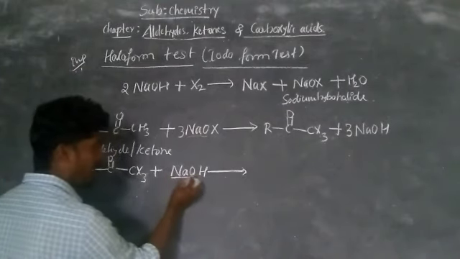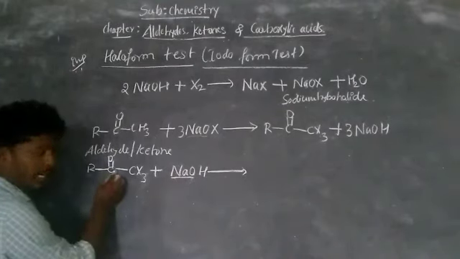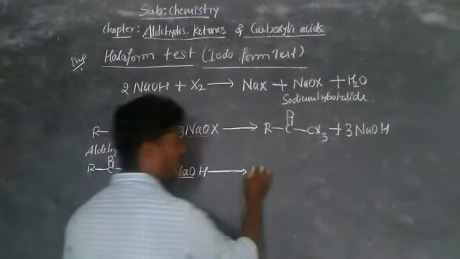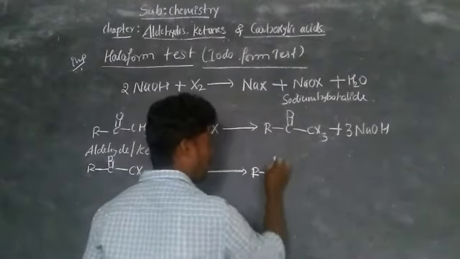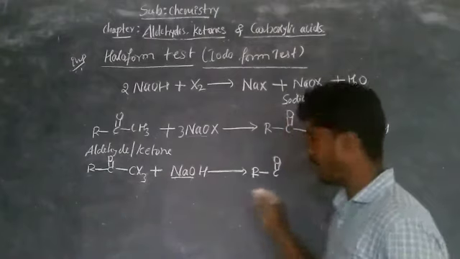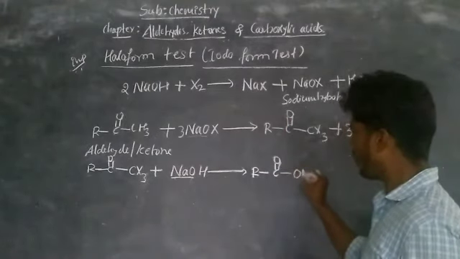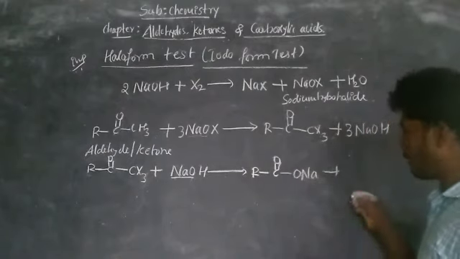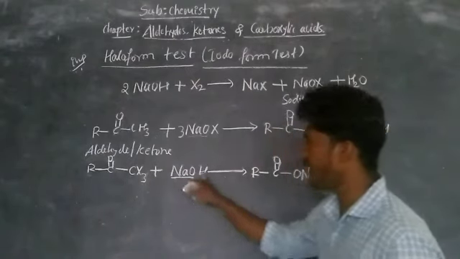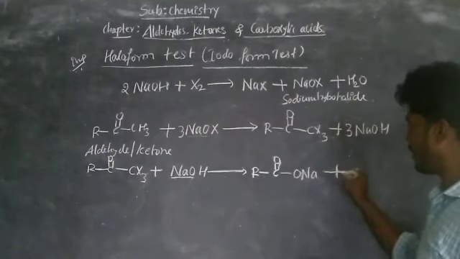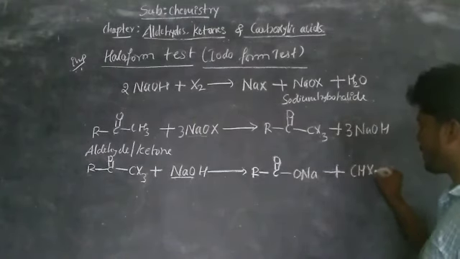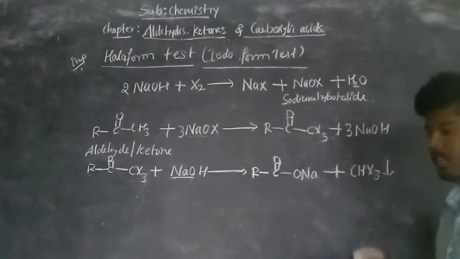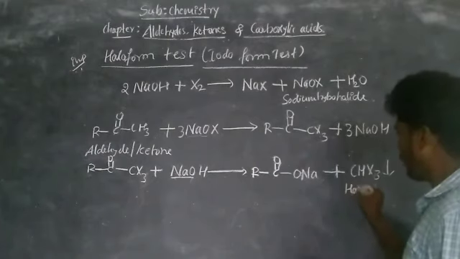This ONa is added or substituted in place of CH3. So R-C(=O)-ONa, called sodium carboxylate, plus CH3 and H, that is CHX3, which gives a precipitate.